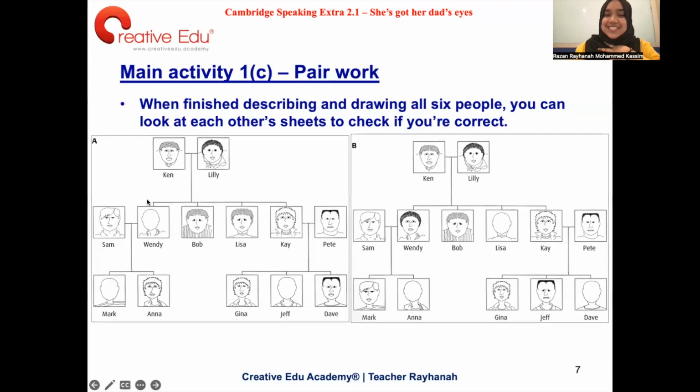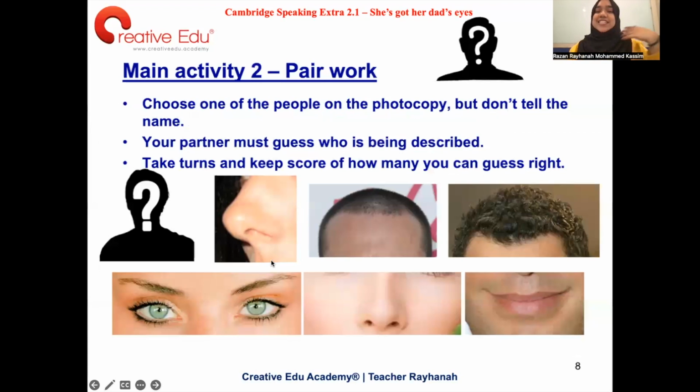The person is Lisa. You see, she has Ken's hair, Bob's eyes, and Lily's mouth. Okay, so that is an example. You can take turns and keep score of how many you can guess right.